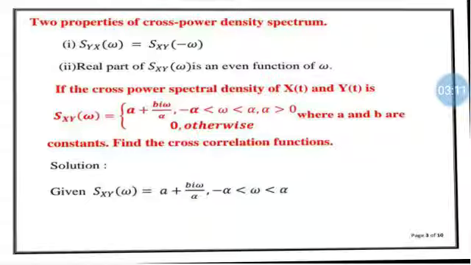Solution. How to find the cross correlation function? Already we know that the cross correlation is nothing but the inverse Fourier transform of the cross power spectral density. Given Sxy of omega equal to a plus bi omega by a, where omega is from minus a to a.